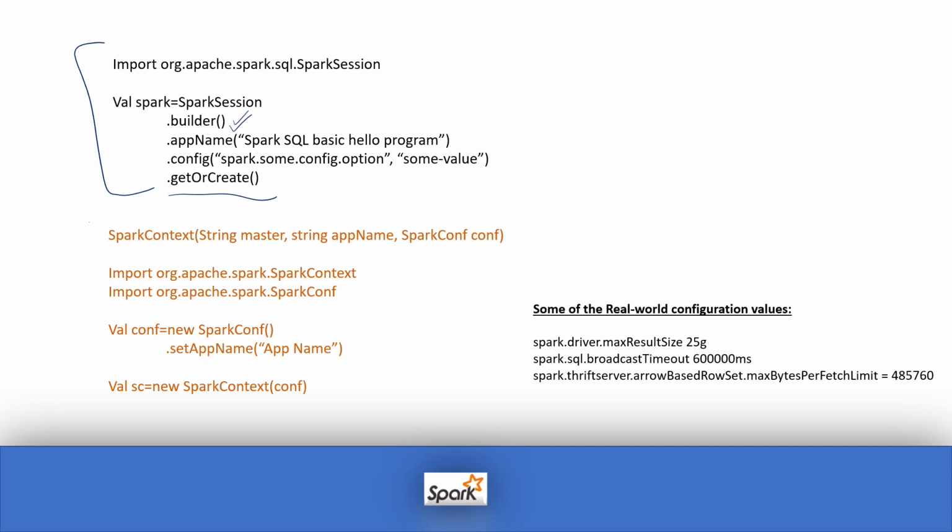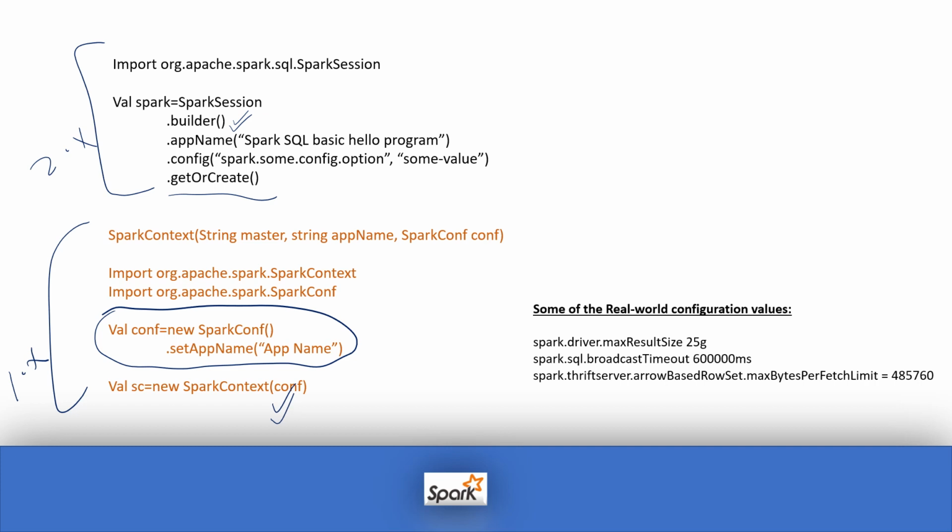If you go to previous 1.x, you had to create SparkConf and pass the SparkConf into the context. Coming to the configuration parameters, these are some of the configuration parameters we use for memory management in real world scenarios.